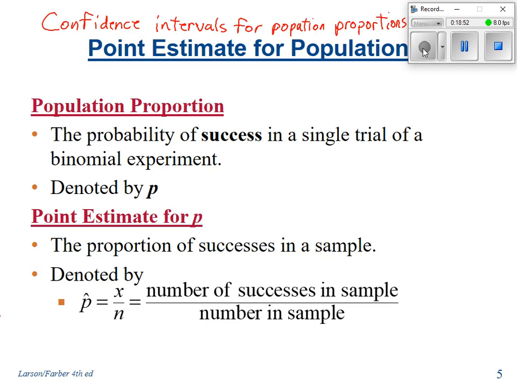Instead of finding an interval for mu, for the mean of the population, we're finding the interval for a proportion, which is just a percentage, all right? Remember, population proportion is a percentage.